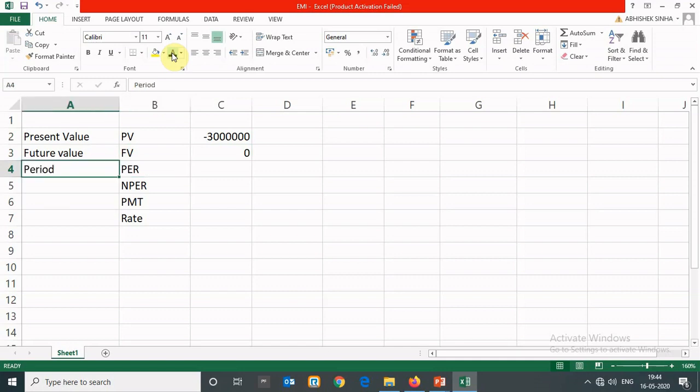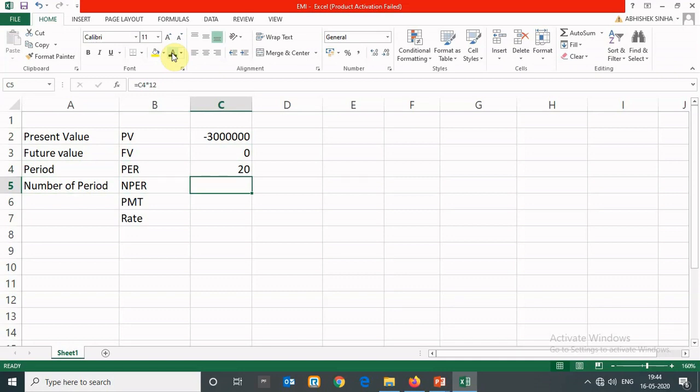PER is the period in years. Suppose we are taking a loan for 20 years. And NPER is the number of periods. What is the number of periods? Generally in a loan EMI we work out monthly EMI.